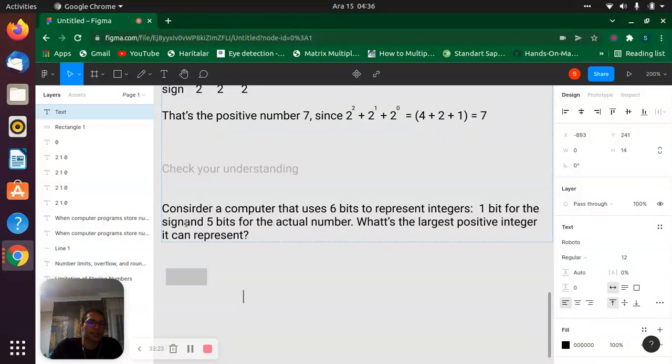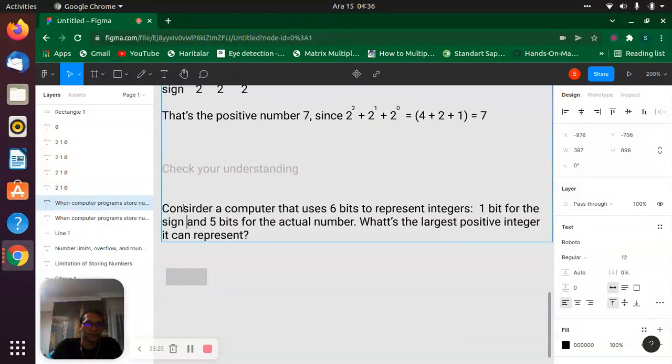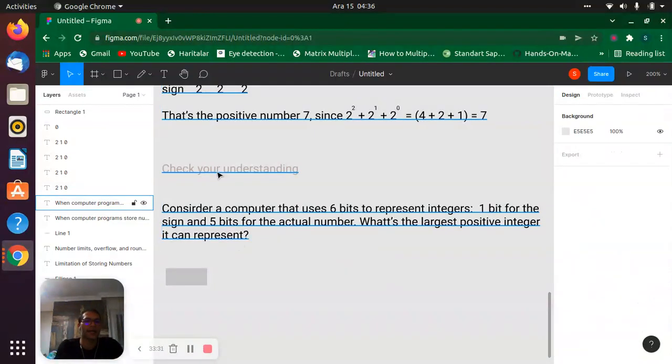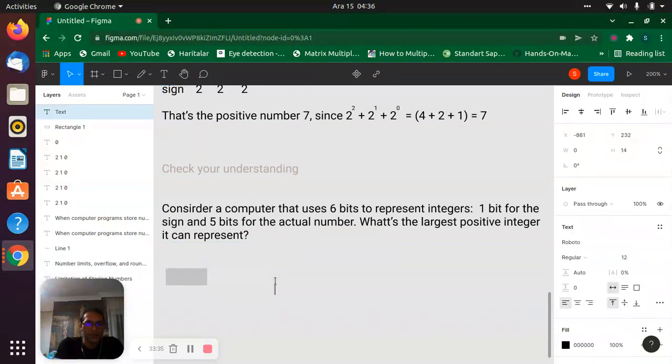So here is our sign, and the other ones will be our actual numbers. The first one is sign, and the others will be actual numbers.